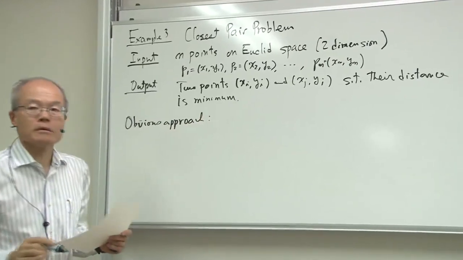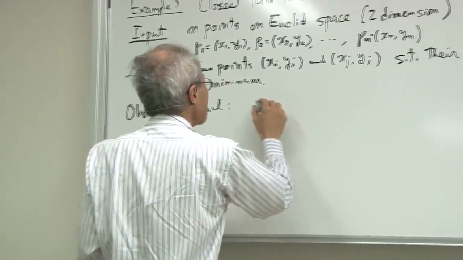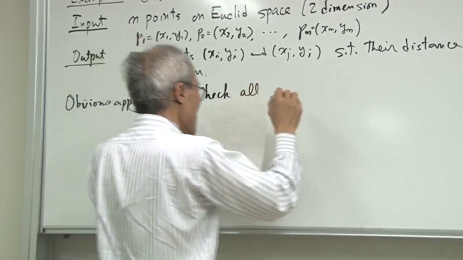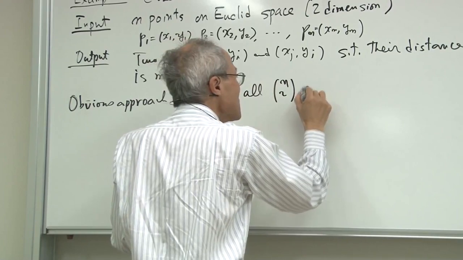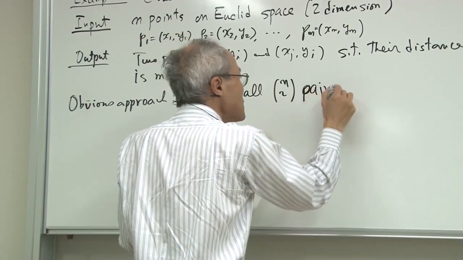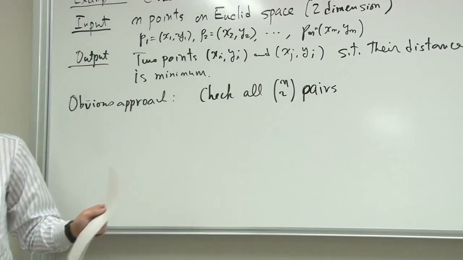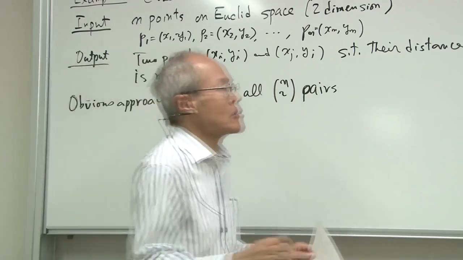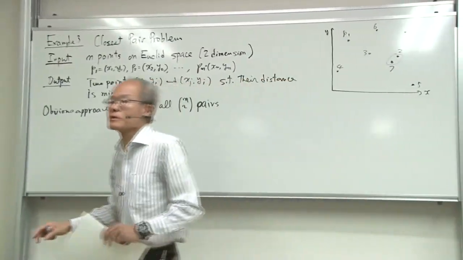Then there is an obvious approach. That is to check all n squared pairs. You check all the distances over all pairs.